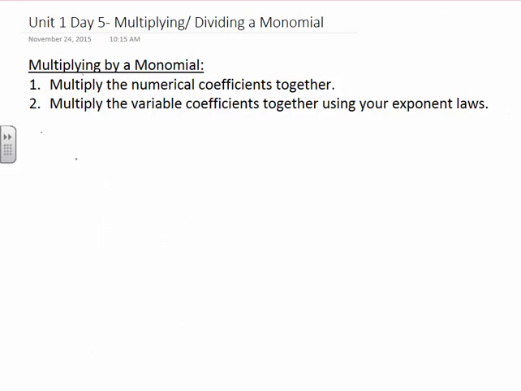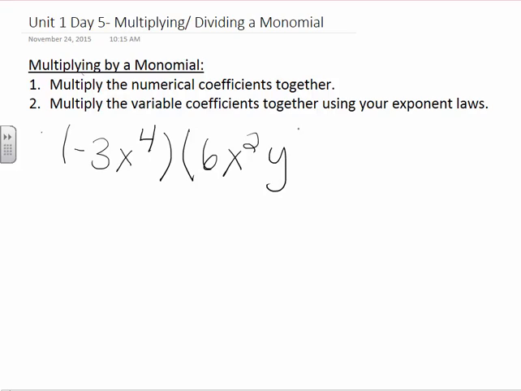Let's try one more example with a little bit more to deal with. Negative 3x to the 4 times 6x squared y. Hopefully you notice that there are two variables that we're working with, x's and y's. To multiply these monomials, let's use our steps.